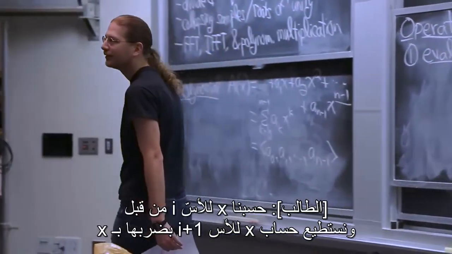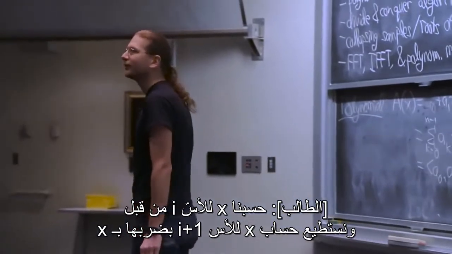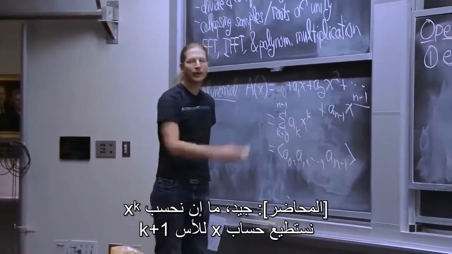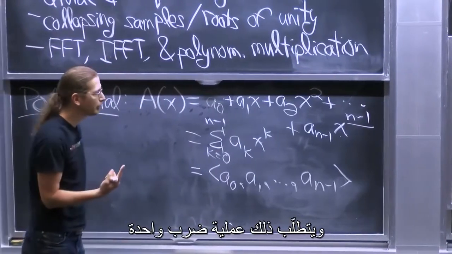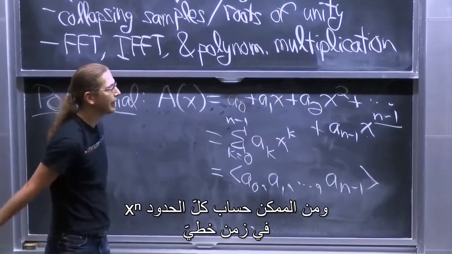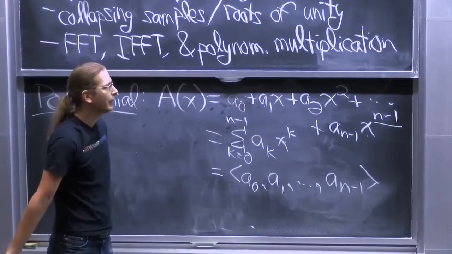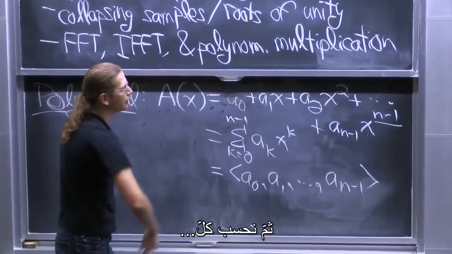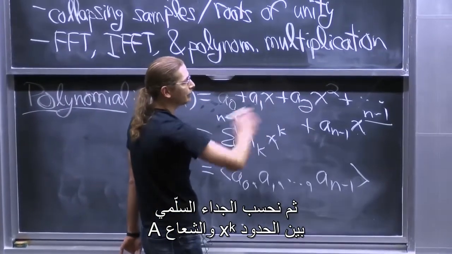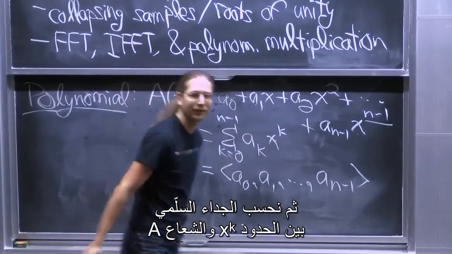When you've already calculated x to the i, you can calculate x to the i plus 1 by multiplying? Good. Once you've computed x to the k, you can compute x to the k plus 1 with one multiplication. And so you can compute all the x to the k's in linear time, and then you're basically doing a dot product between the x to the k's and the a vector.